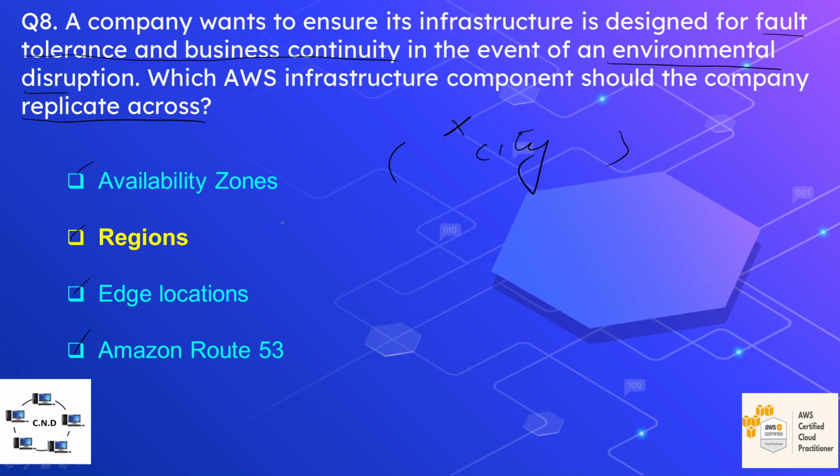So if one region is impacted by the environmental disruption, the services can be made available through the secondary region. So for environmental disruption, the most suitable option is the region, because the impact of environmental disruption is huge and it basically impacts the availability zones as well. So you should replicate your application or your service through multiple regions.